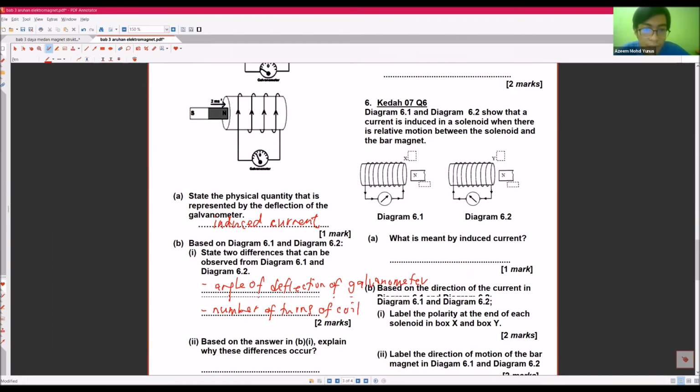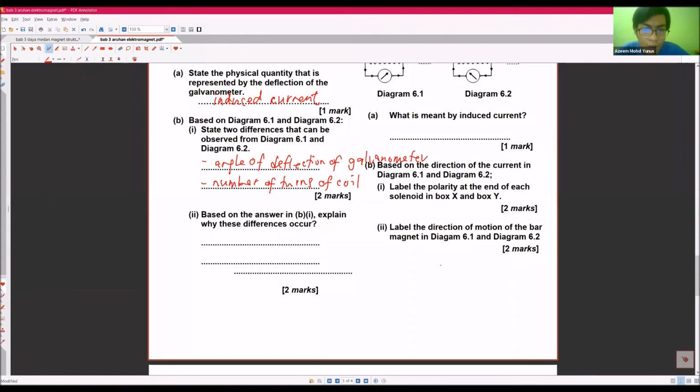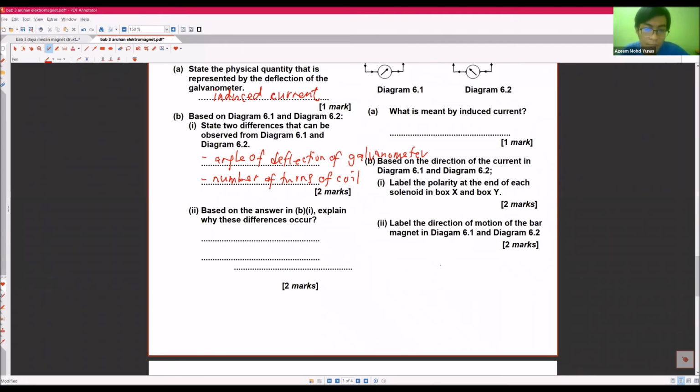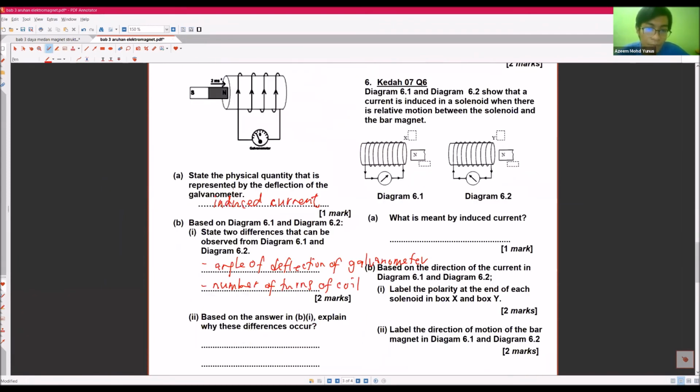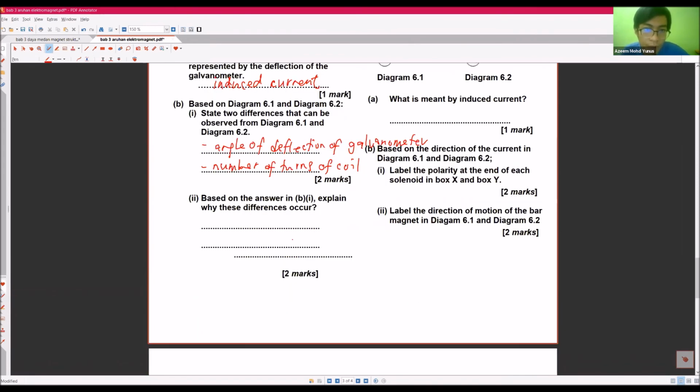Based on the answer in B, explain why these differences occur. Okay, so both are 2 meters per second, right? So the higher the number of turns, the higher the magnitude of induced current.